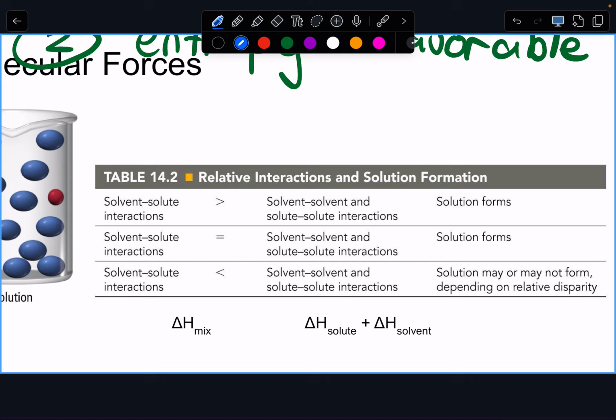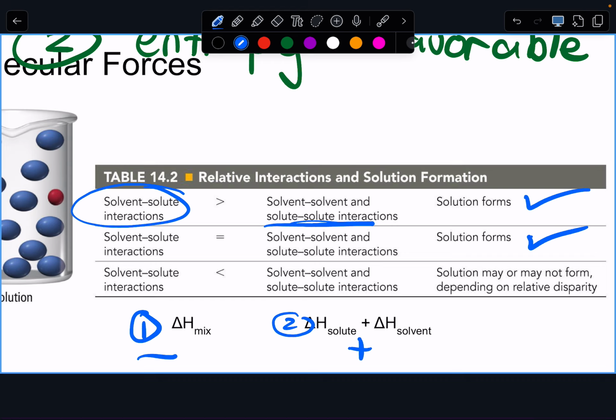Okay, so this idea of comparing the energies is summarized here. So don't forget, this is step 1. Energy is released. This is step 2, where energy is absorbed. So what they're saying here is if this one is really big, a big negative compared to this one, the solution's going to form. If they're about equivalent, the solution's also going to form. Even if it's slightly higher on the energy required side, it's still going to form.